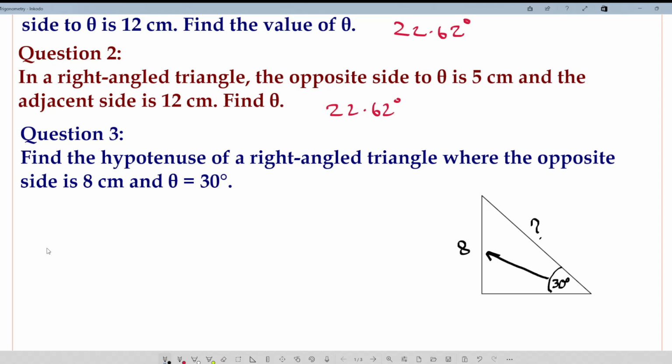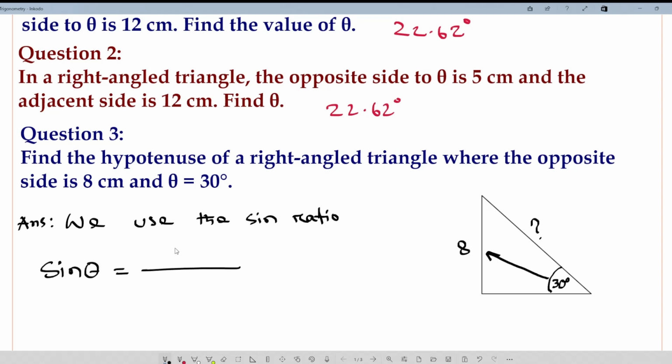So for the answer, we use the sine ratio, sine theta equals opposite divide hypotenuse.